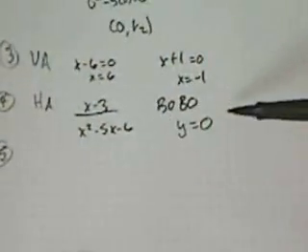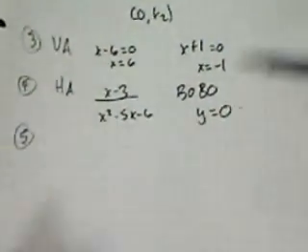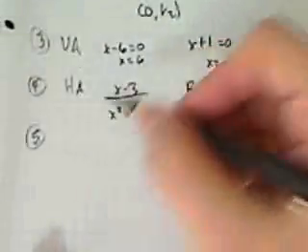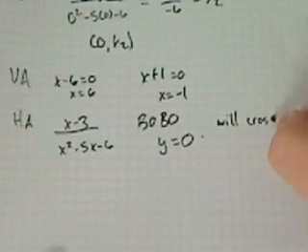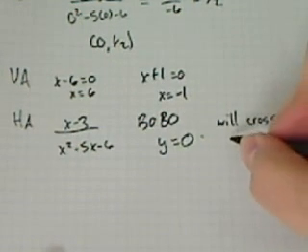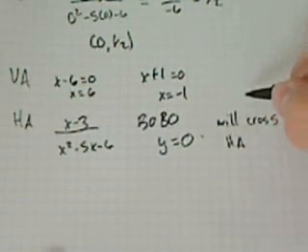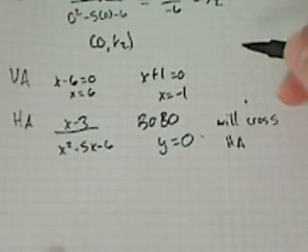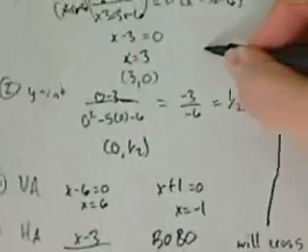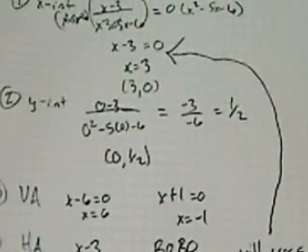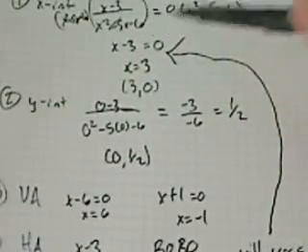Will the function ever equal 0? Will it ever equal the y-intercept, or the horizontal asymptote? We can go ahead and determine that it will cross the horizontal asymptote. The reason why? We've already determined it's going to equal 0 in step 1.